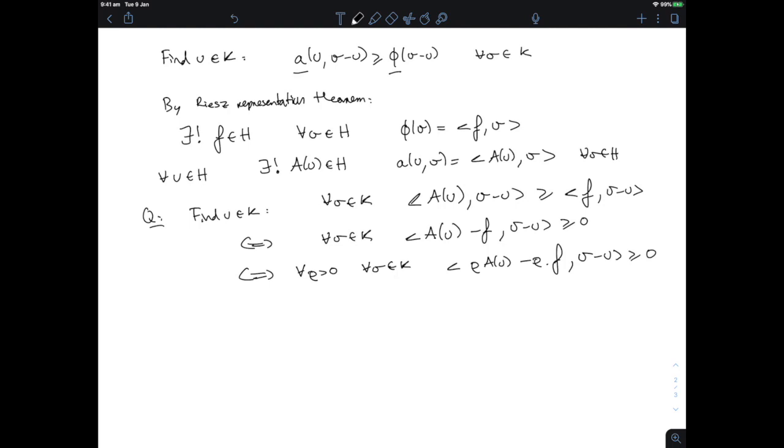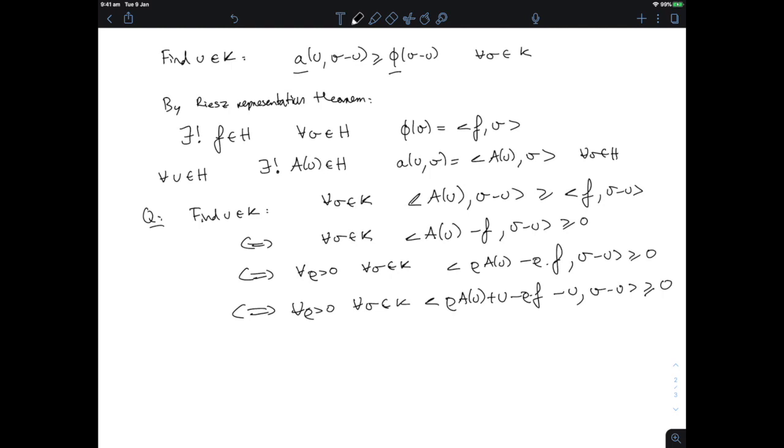Now this here is very reminiscent of the description of the projection onto the convex set K. Indeed, I could rewrite that, adding and subtracting u, and say that for every rho and for every v, I'm asking for rho A of u minus rho times f, plus u minus u, inner product with v minus u, to be non-negative.